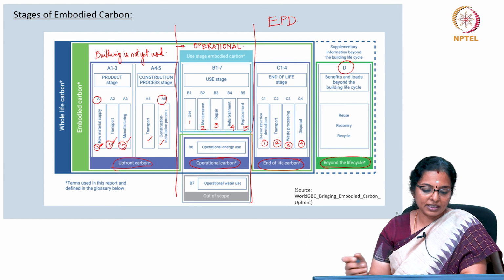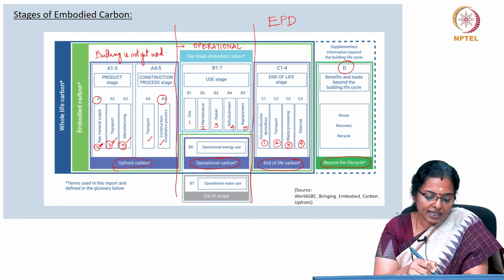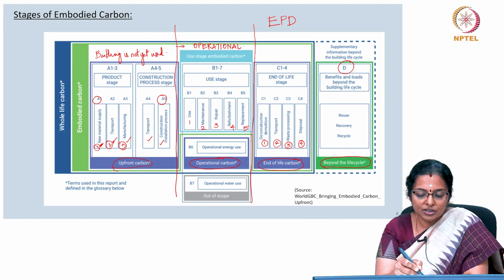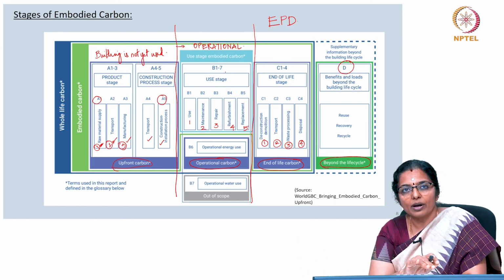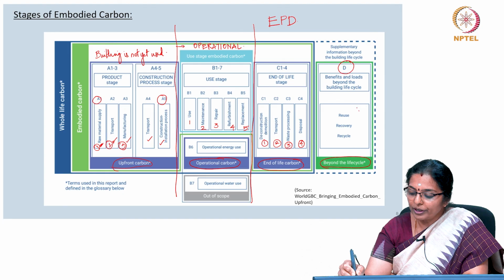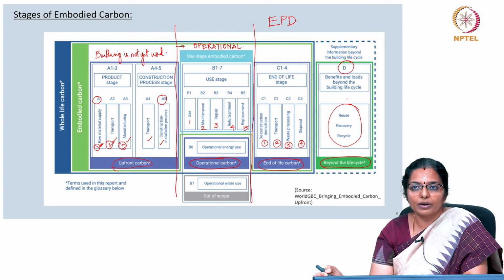Stages of embodied carbon are the product stage, which is raw material supply, transport and manufacture, then the construction process stage, then you have operational carbon. So, today we saw embodied carbon in detail, we touched upon operational carbon, we saw end of life carbon and we saw beyond the life cycle carbon, which is going to be the future. If you see this, reuse, recovery, recycle beyond the life cycle is going to be important.